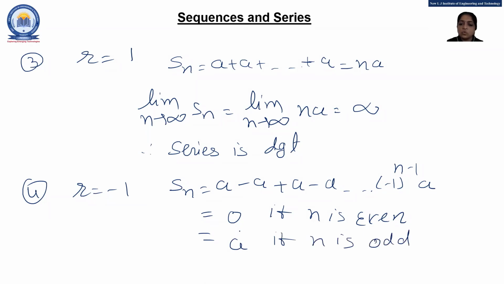It means we have two answers when our R is -1. It means the series is oscillatory. So please keep in mind, when your ratio is -1, you can directly write down that your series is oscillatory.